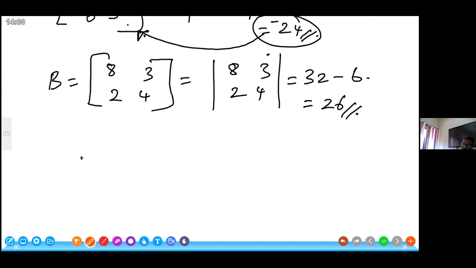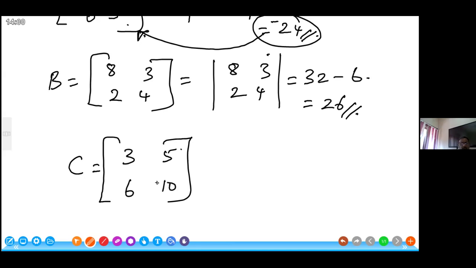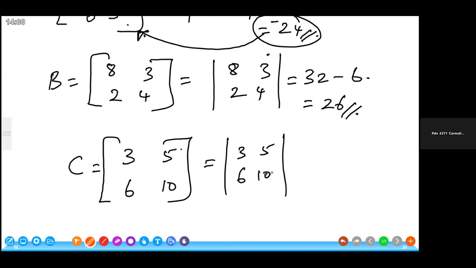What about this? Determinant of this. Anyone? 0. Yes. This is 3 into 10 minus 5 into 6.